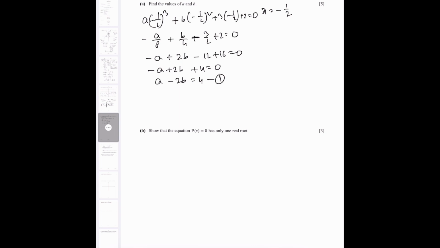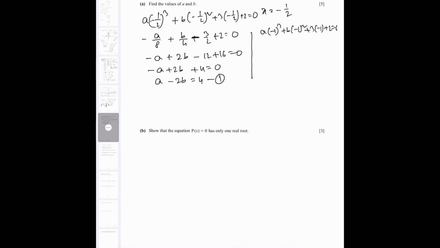Okay, let me find the second equation. Since if it is divided by x plus 1, the remainder will be minus 6. So substitute x by minus 1: a times minus 1 cubed plus b times minus 1 squared plus 3 times minus 1 plus 2 equals minus 6.